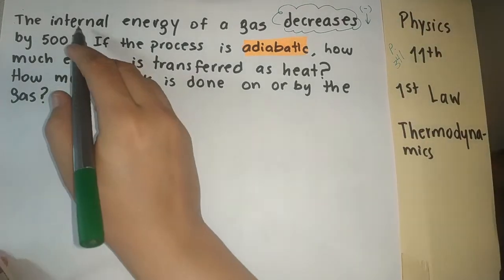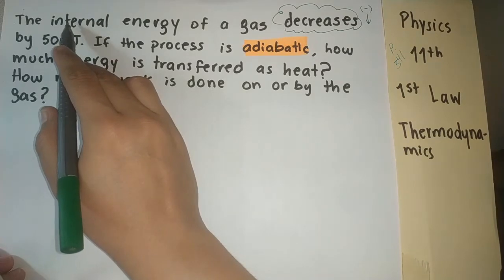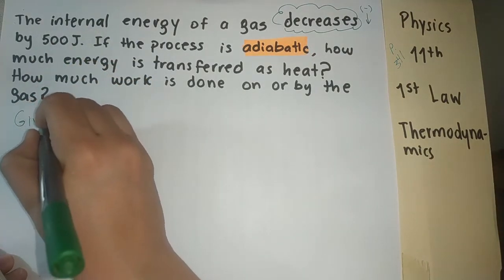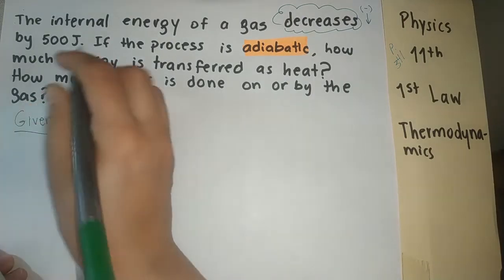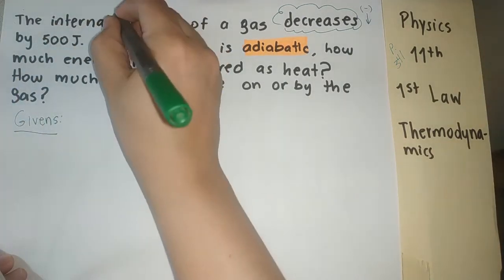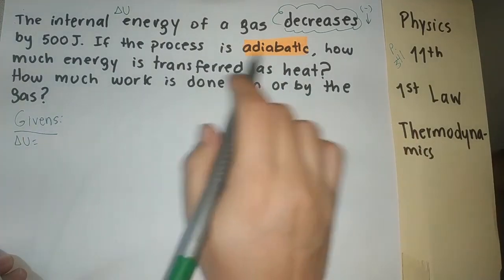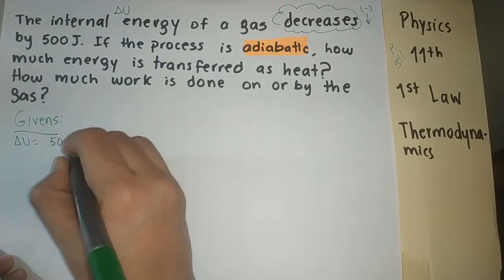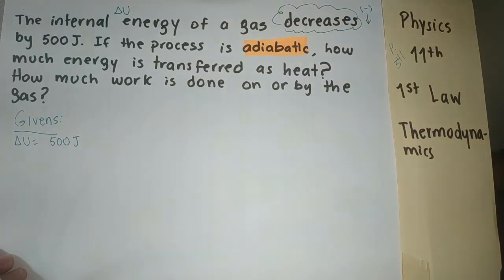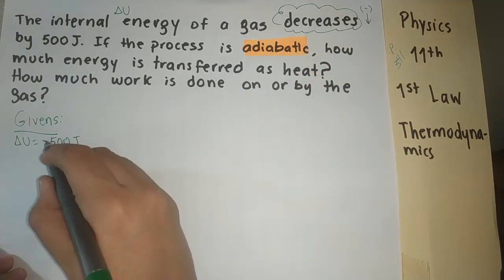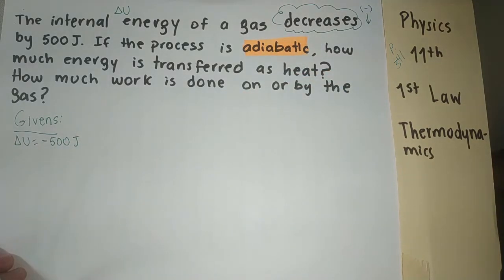Now, with what letter do we state internal energy? Okay, first we have to get the givens. Internal energy is delta U. Delta U, it says, decreases by 500 joules. So, it is 500 joules, right? Just 500 joules. No. It says decreases, therefore the symbol should be negative.